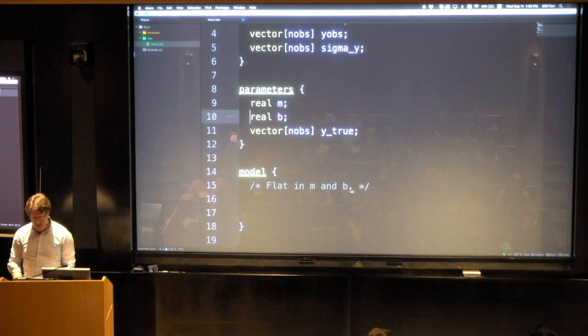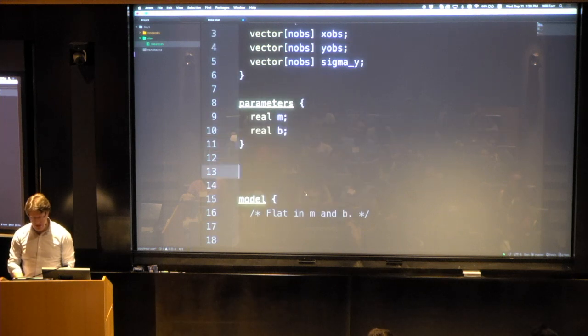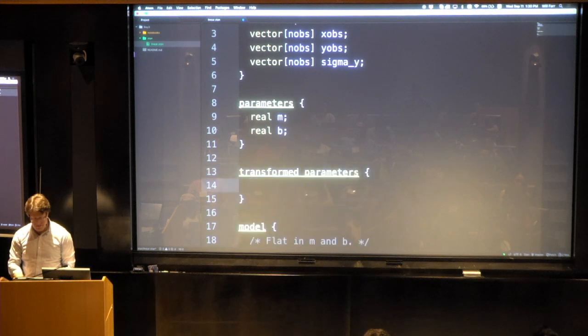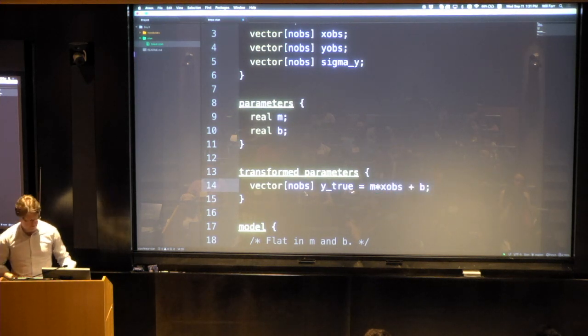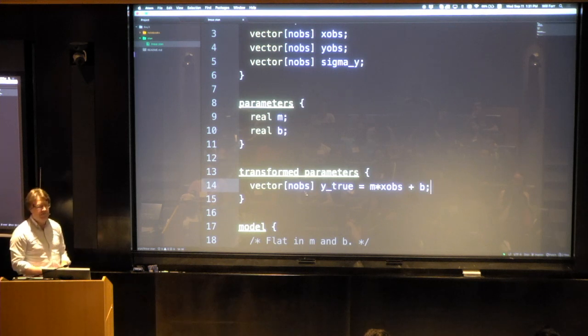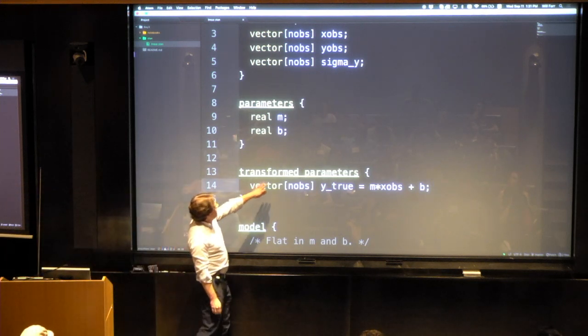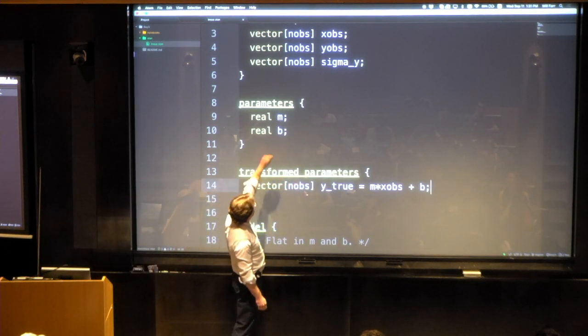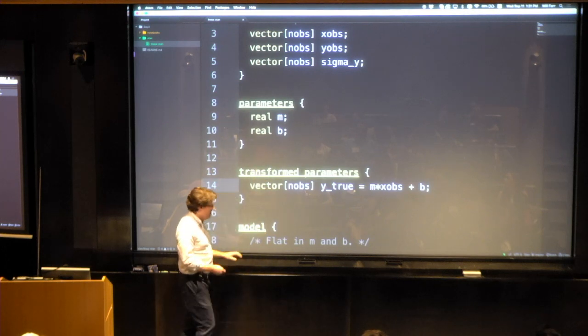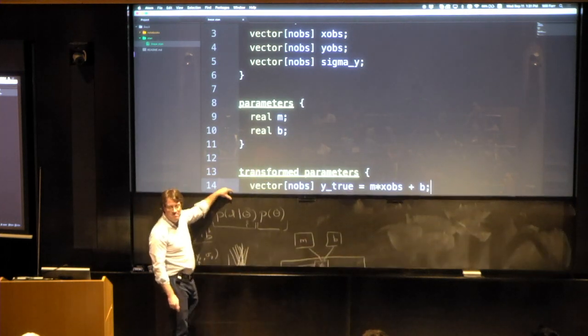So in fact, even though I said it was a parameter, I'm going to move it here for a moment. Just like that. The reason I put it in a transformed parameters block rather than a parameters block is Stan doesn't actually have any freedom to pick it.